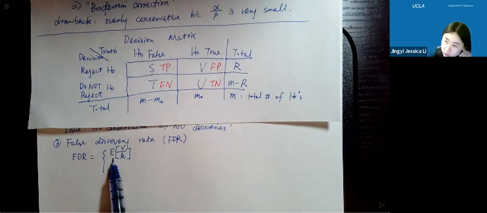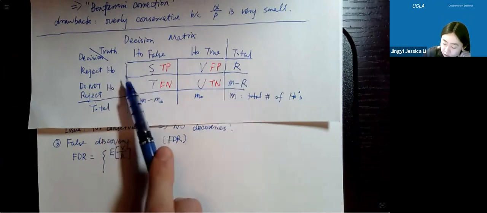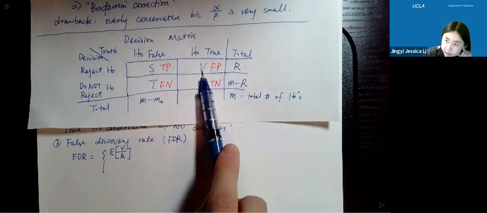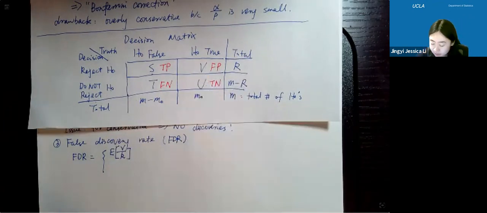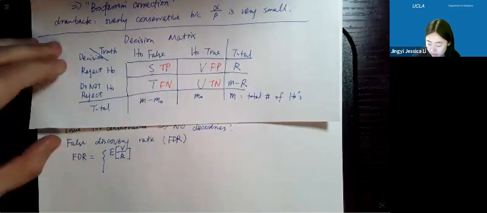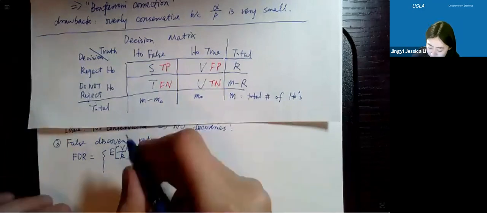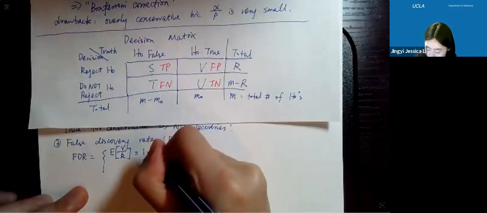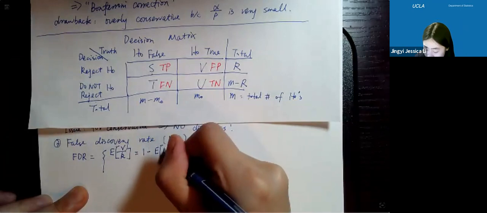This expectation is with respect to random sampling. As we said, the decision is random, so R is random, V is random. And if you take a closer look from what I wrote before, this can be regarded as 1 minus the expectation of precision.